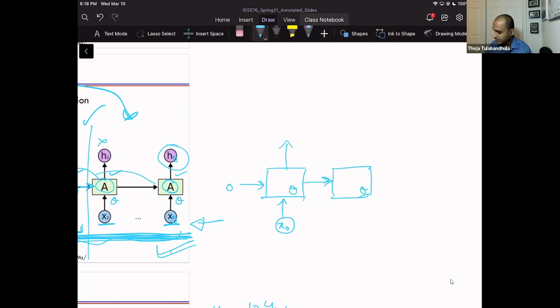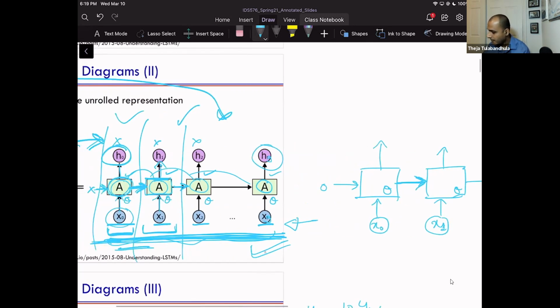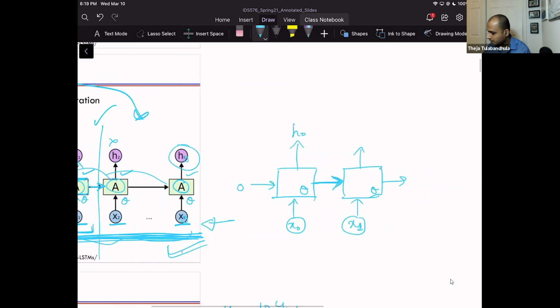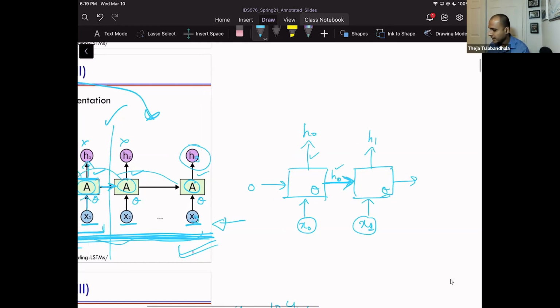I'll reapply that function and pass it the next input, x1, and the previous output to get the new two outputs. Call it h0, let's call it h1, and let's say this is also h0 for simplicity, but it doesn't have to be. These two don't have to be the same, but let's say we make it the same. Then this is the diagram of an RNN.